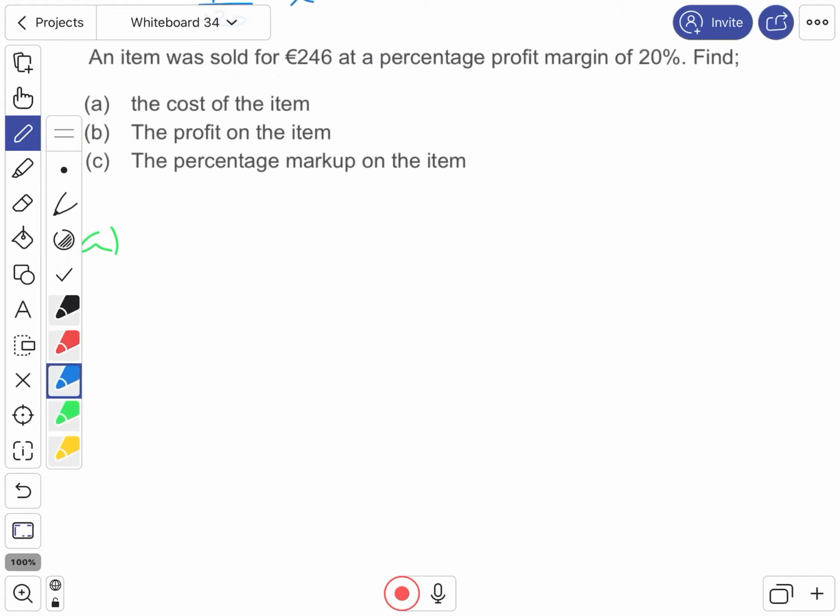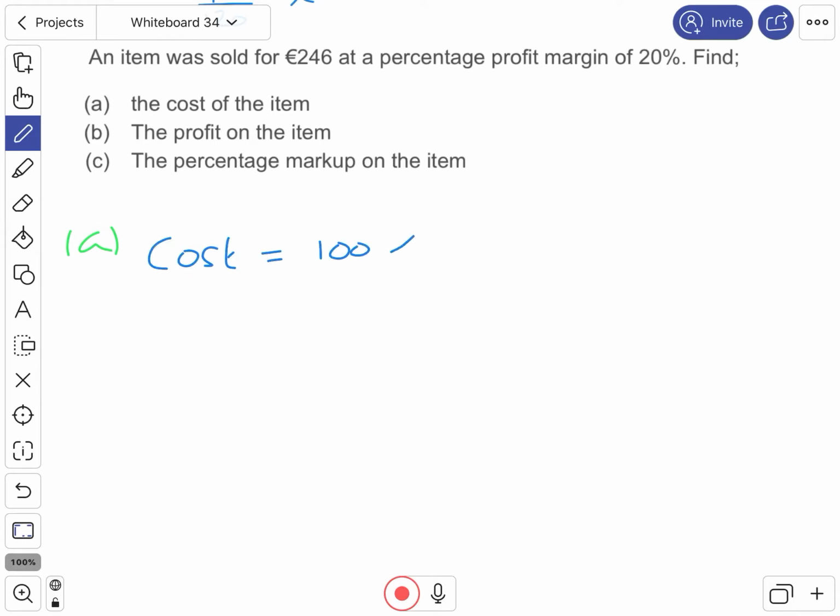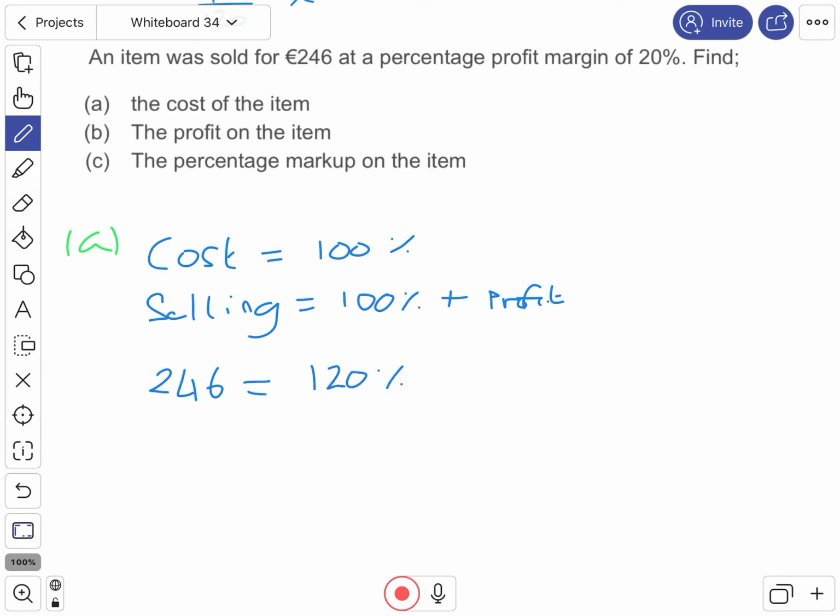For part A, what I can do is, going back to what we did with percentages before, I know that my cost is always worth 100%. My selling is worth my 100% plus the profit. So in this case here, my selling was 246, and I know that equals my 100% plus my 20% of profit.